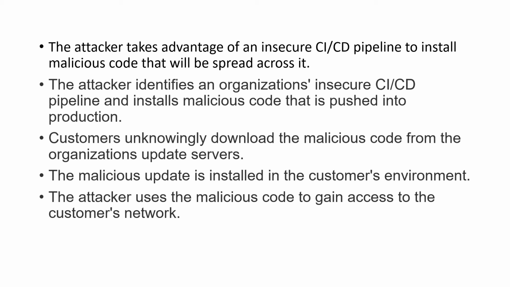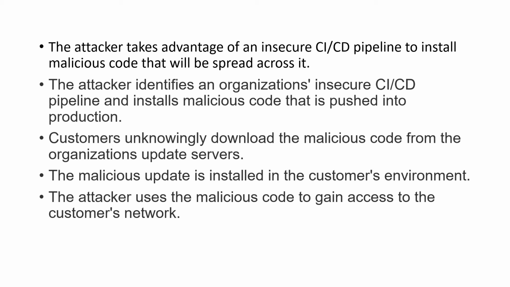The customer is unknowingly downloading the malicious code from the organization's update server. There are vulnerabilities from malicious code in the system. The malicious update is installed in the customer environment, which can lead to loss of the customer's system.